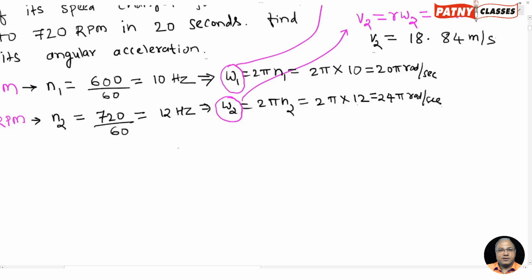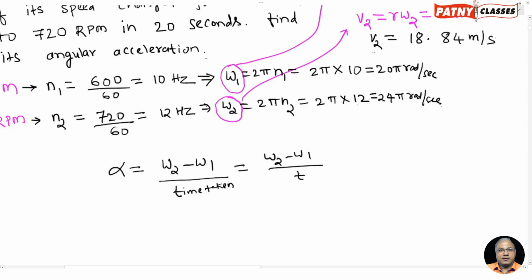Now we need to find the angular acceleration. Angular acceleration alpha equals omega 2 minus omega 1 divided by the time taken to change the angular velocity, that is, omega 2 minus omega 1 divided by t. So alpha equals 24 pi, the final angular velocity, minus 20 pi, the starting angular velocity, divided by the time taken to change this velocity, which is 20 seconds, as already mentioned in the question.